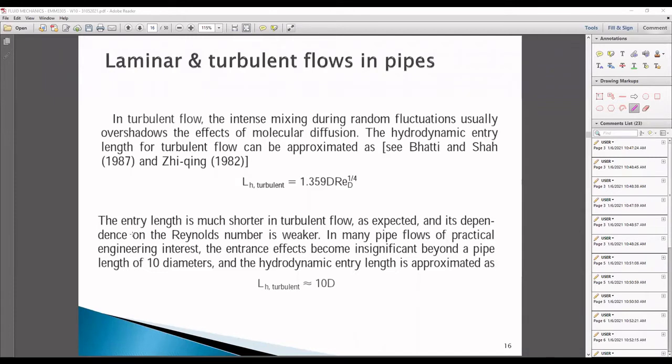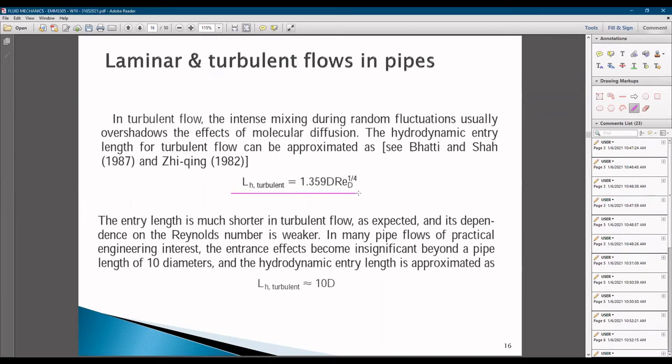In turbulent flow, the intense mixing during random fluctuations usually overshadows the effect of molecular diffusion. The hydrodynamic entry length for turbulent flow can be approximated as shown here.